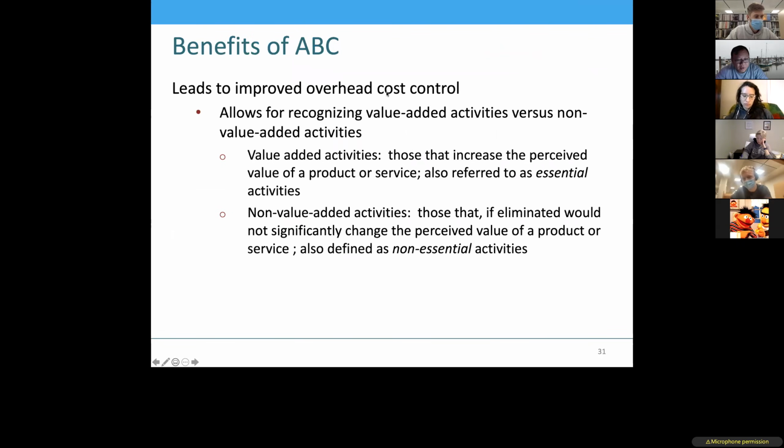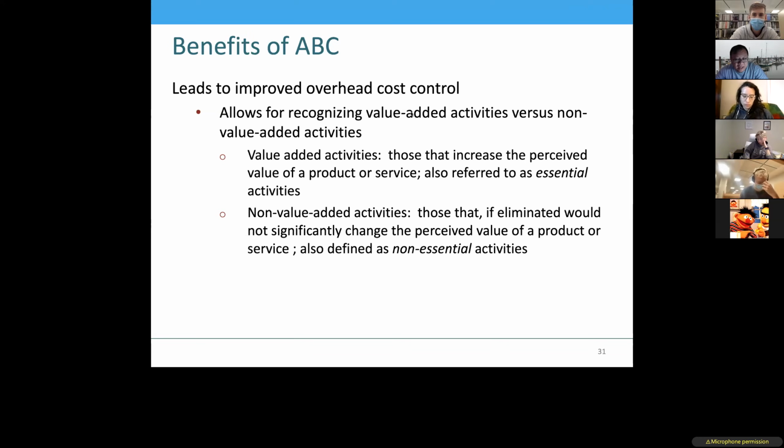Okay, so the second point is about improved overhead cost control. It's not hard to think that all companies will try to keep the cost low. I'm not trying to say low; you just don't want to waste your money.